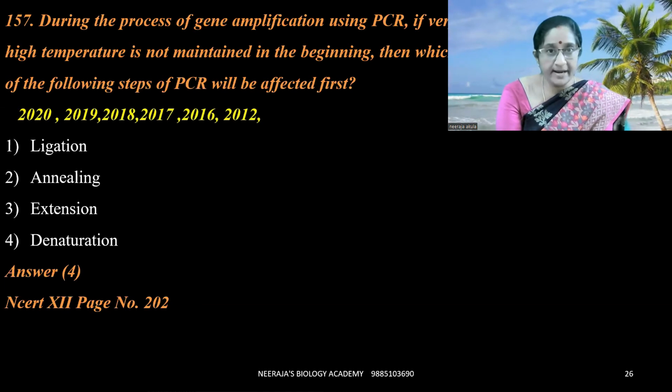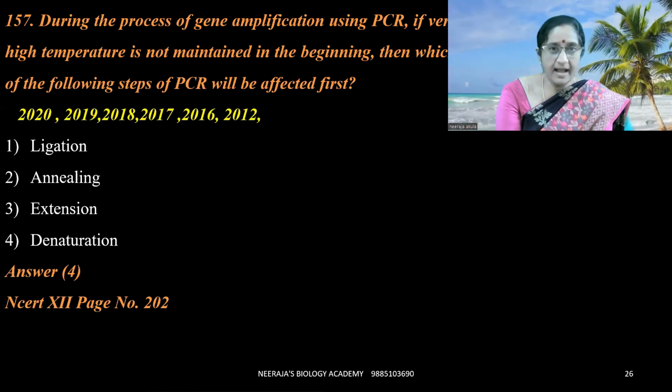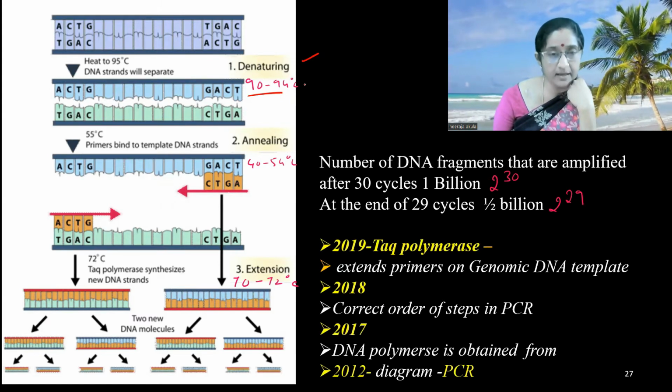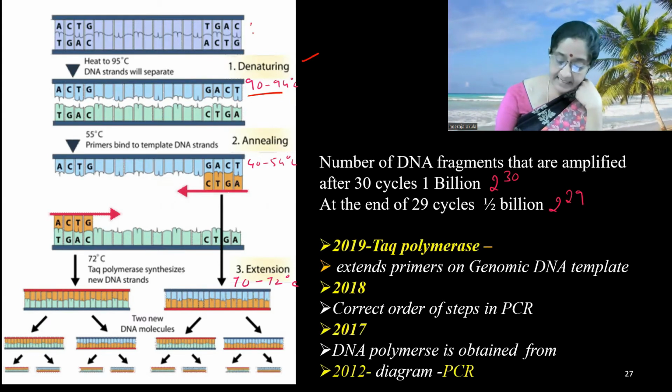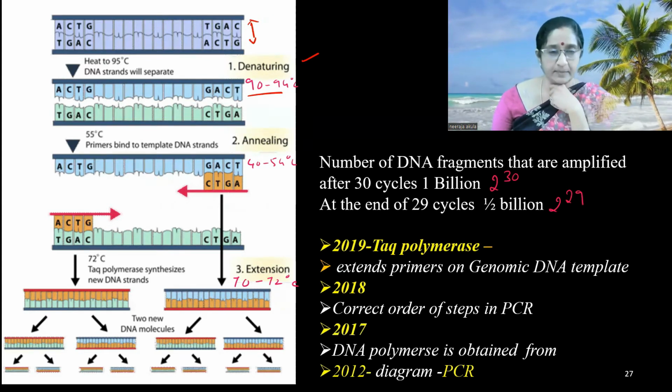He used Taq polymerase enzyme, which was extracted from Thermus aquaticus, which can withstand maximum temperature fluctuations. And this reaction includes 3 steps: denaturation, annealing, and extension. The step known as denaturation requires a temperature of 90 to 94 degrees centigrade. As a result, separation of the 2 strands of DNA takes place.